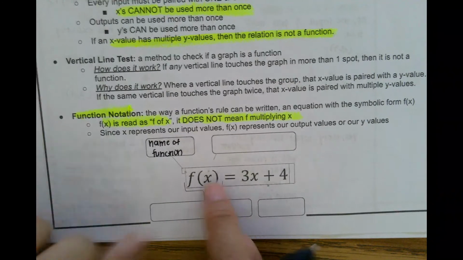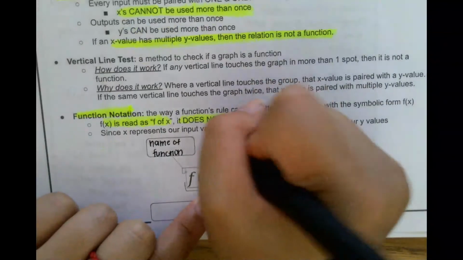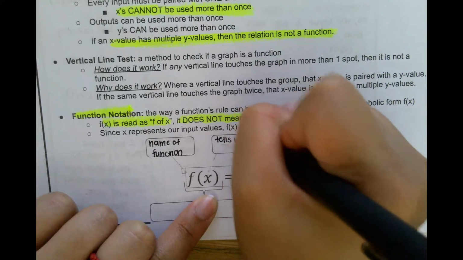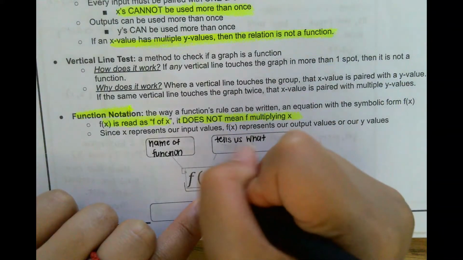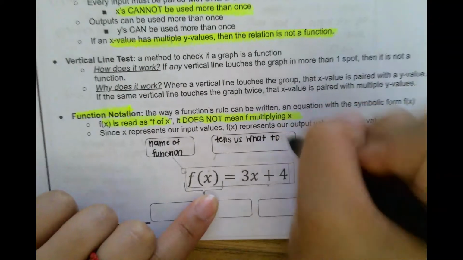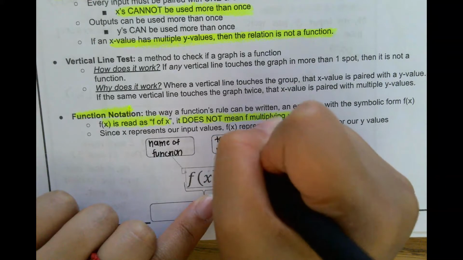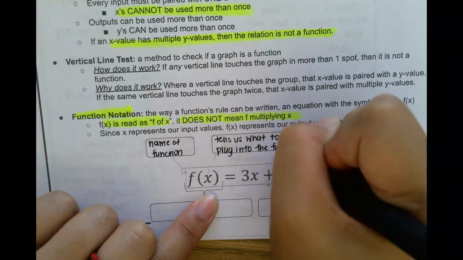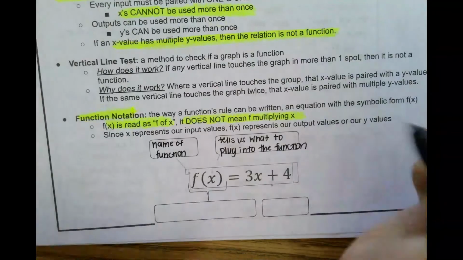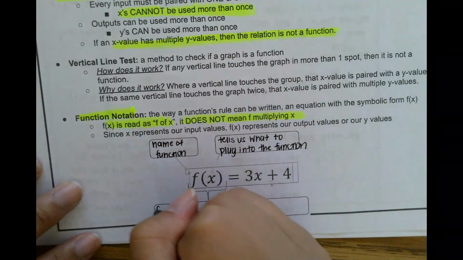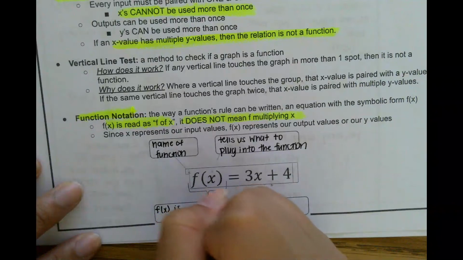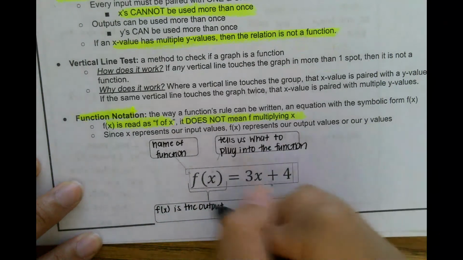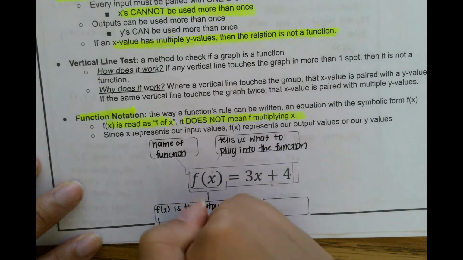This x tells us what to plug in. We'll see this x replaced with a number, and we're going to plug it into the rule. Then f of x, like mentioned earlier, is our output, what we get when we plug in x.